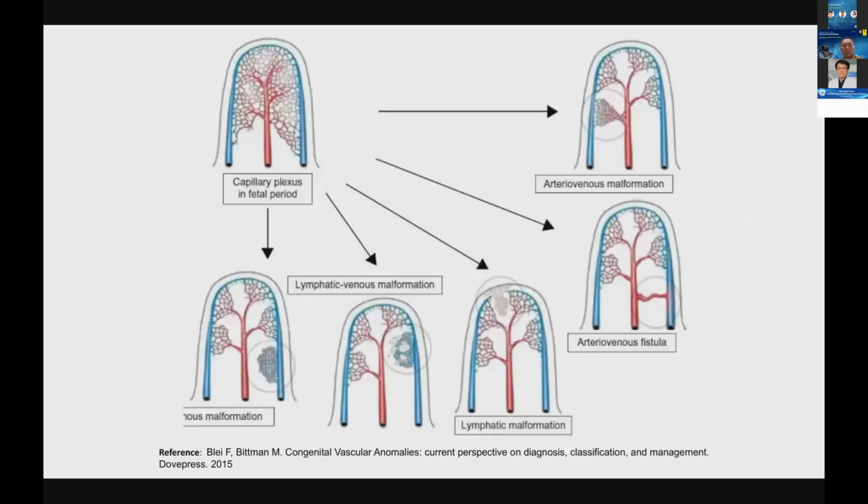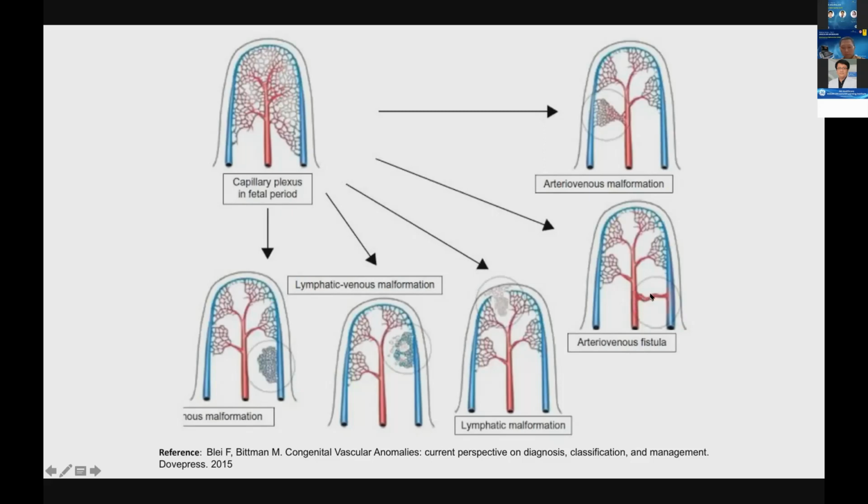As we know from the anatomy in the fetal period, the vasculature will develop in the normal condition, but sometimes abnormalities happen, like arteriovenous malformation in this case, and the second one, arteriovenous fistula.